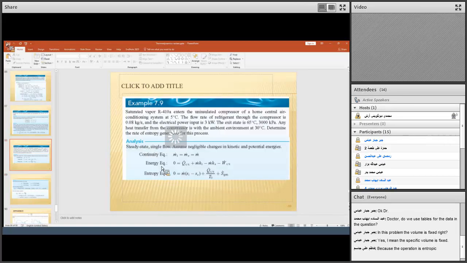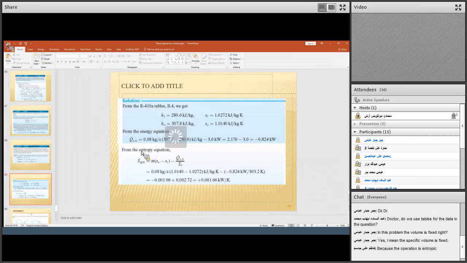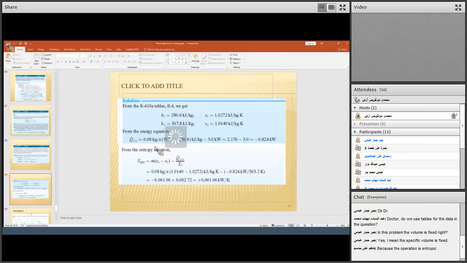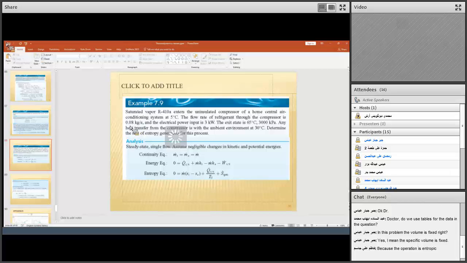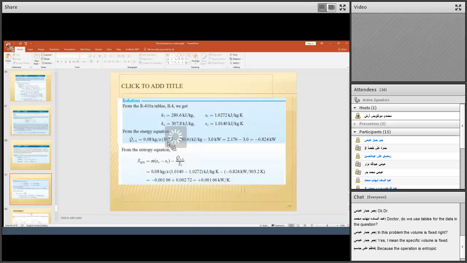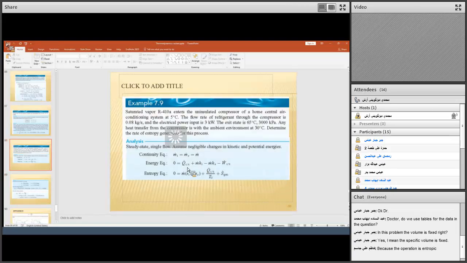So from the energy equation, we can easily compute this. The mass flow rate is 0.08, you can see it in this example, times enthalpy at exit, 307.8, minus enthalpy at inlet, 280.6, minus the rate of heat transfer.